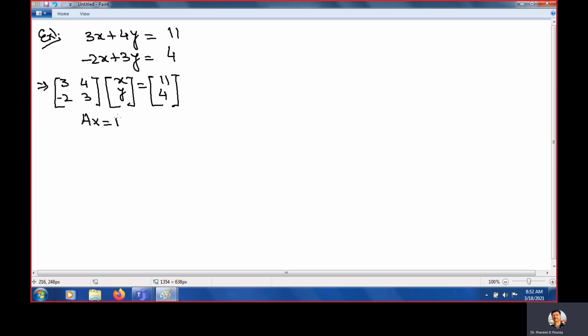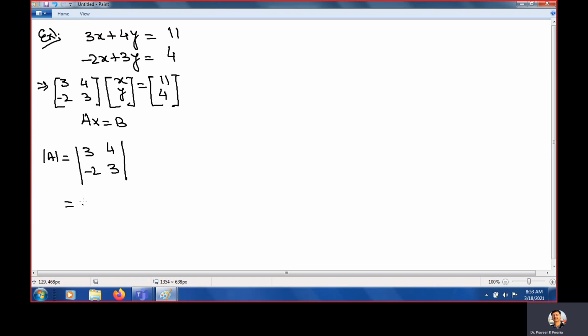Ax equals B. This is step number 1. Now find the determinant of A. Determinant of A is |3 4; -2 3|.